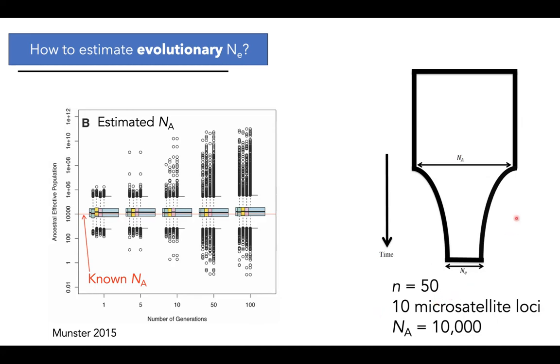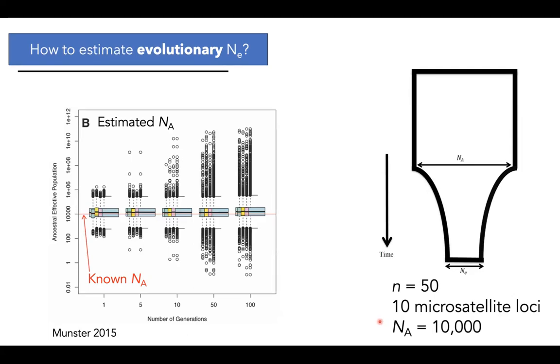So Susan did a whole bunch of simulation work. I'm just going to show one little bit of it, where she was simulating a microsatellite data set for a sample size of 50 diploid individuals. She simulated 10 microsatellite loci, which was a kind of standard data set. Honestly, it's a small data set, but it's something that you might see in the conservation genetic literature.